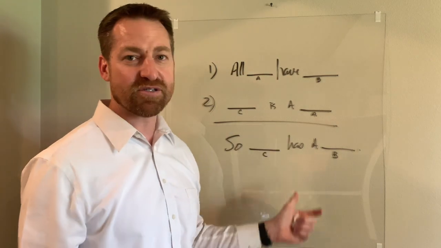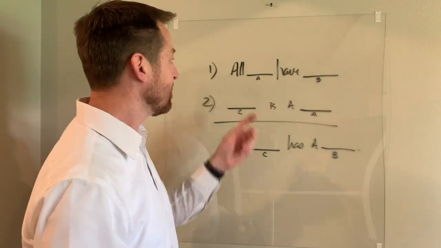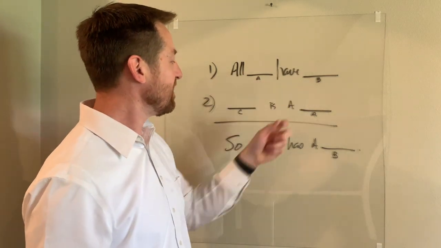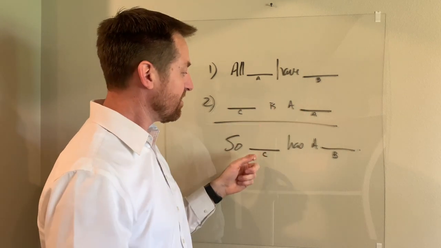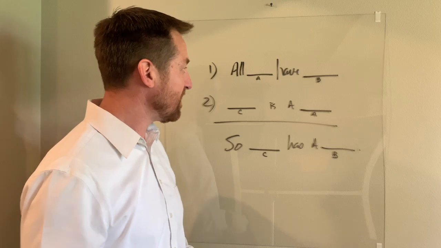So all we have left is the structure or the form of the argument. All A have B, C is an A, therefore C has a B.